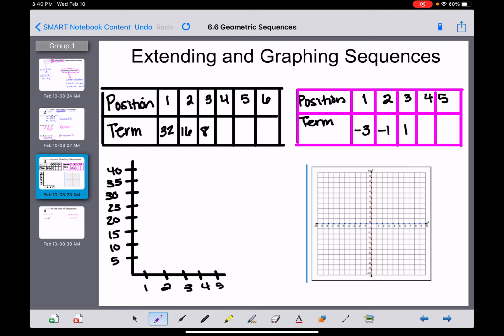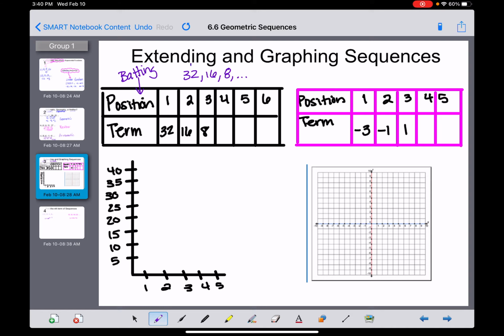So we're going to extend this over to graphing and what it would look like. Remember, when we say position, that's like a batting order. So if I were to write this sequence out, how we're used to it from the prior example in a list, it would be 32, 16, 8, and so on. The batting order means what position in the lineup is that value.